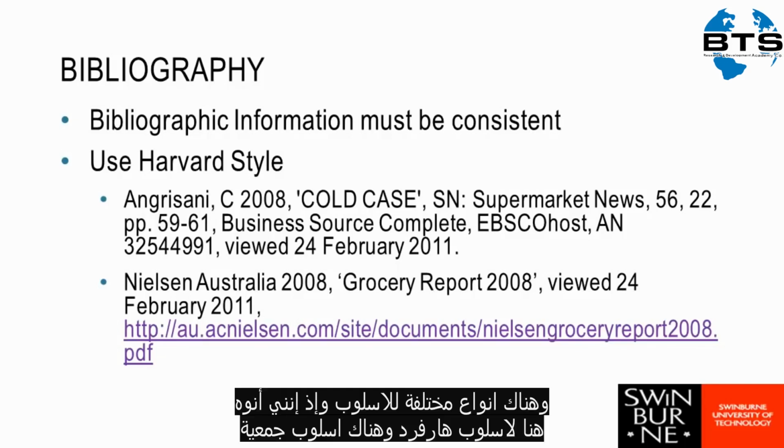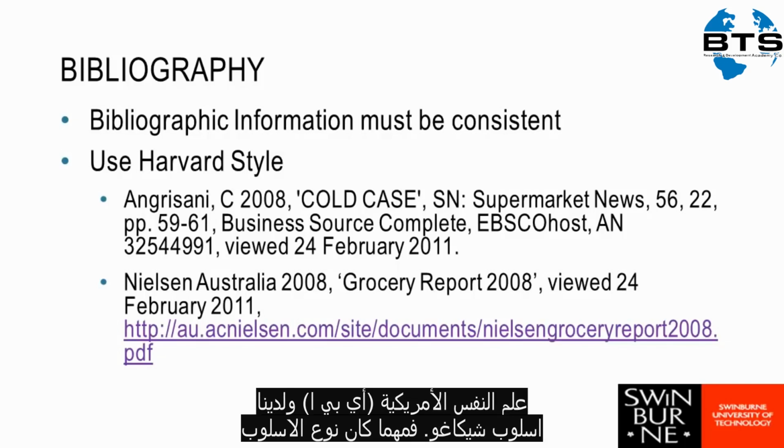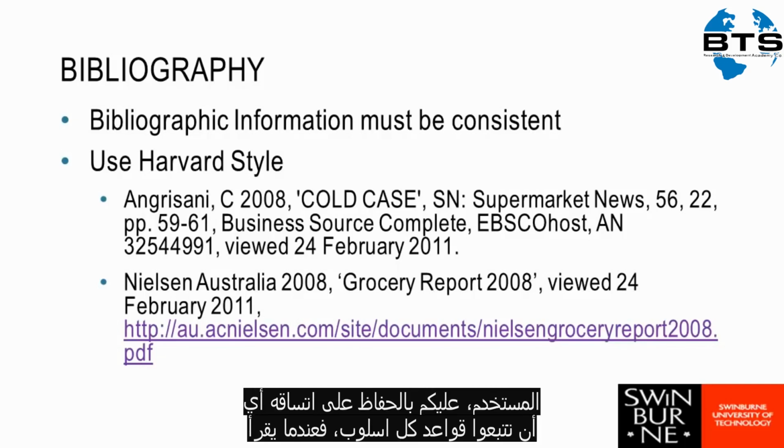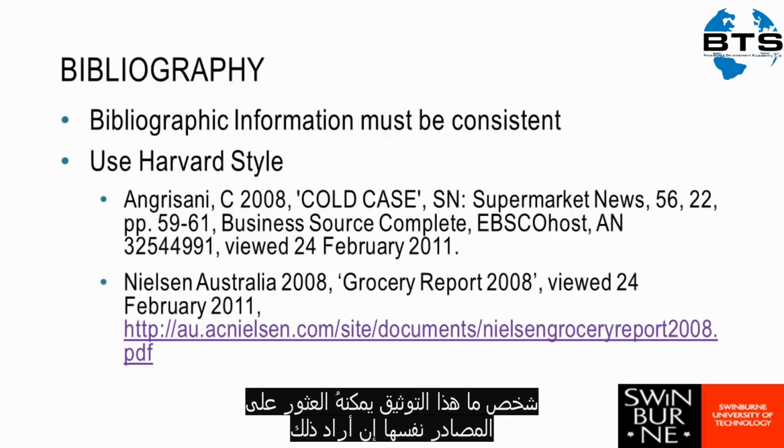And there's different kinds of styles, so I've mentioned the Harvard style here. Another common one is APA, another common one is Chicago, and the key with whatever referencing style you use is that you are consistent. So each of these is a set of rules. You're following the set of rules so that someone can look at your references and they can go and find those same resources if they want.